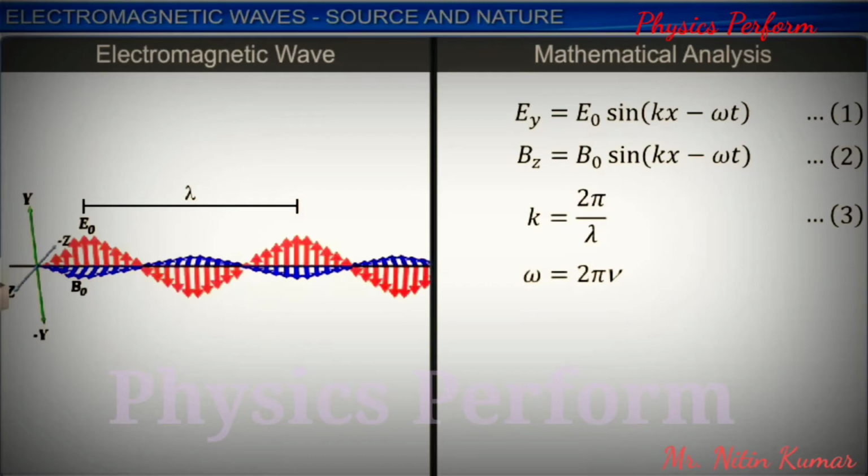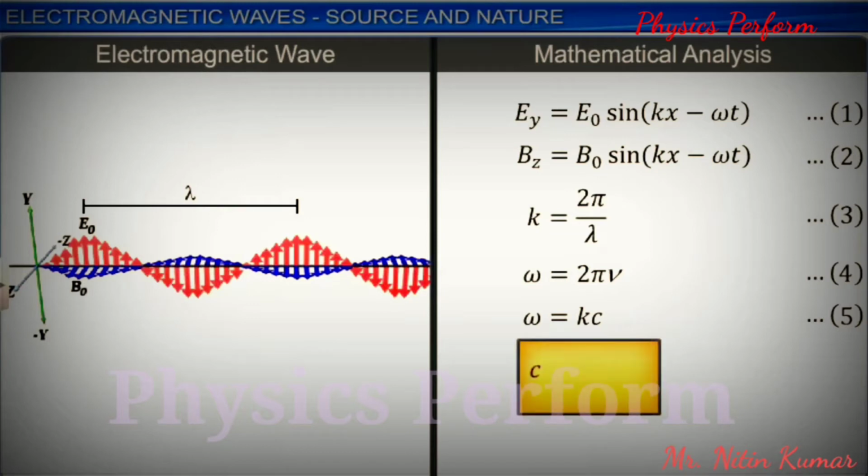On substituting equations 1 and 2 in Maxwell's equations for electric field and magnetic field, we get a relation between omega and k as omega is equal to kc. Let this be equation 5. Here, c is the velocity of electromagnetic wave that is equal to 1 by square root of mu naught epsilon naught.